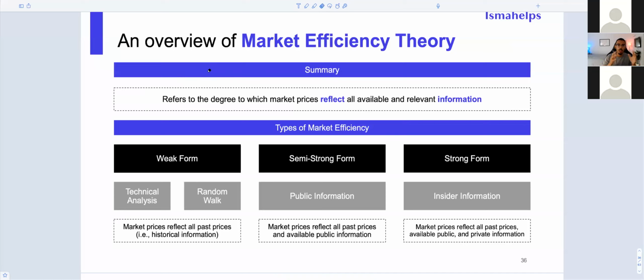If we double down within the first segment, the weak form market efficiency, what I highlighted here are really two notions that you should probably remember and relate to weak form market efficiency. And that is technical analysis, as well as the random walk. Now, the first subsegment, technical analysis, is quite literally the study of past stock prices.